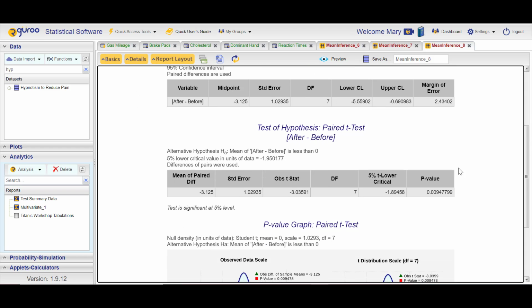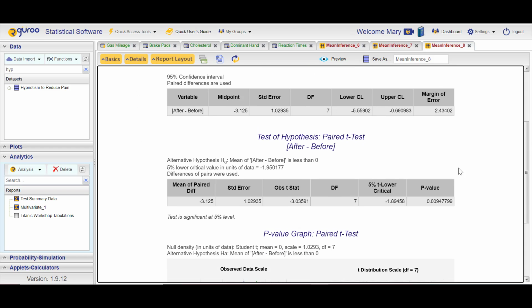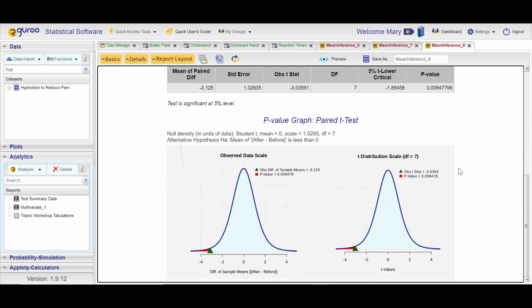So we're writing down a couple things. We're writing down our confidence interval, so negative 5.6 to negative 0.7, and then a p-value of 0.0095. There's the graph if you want to see it.